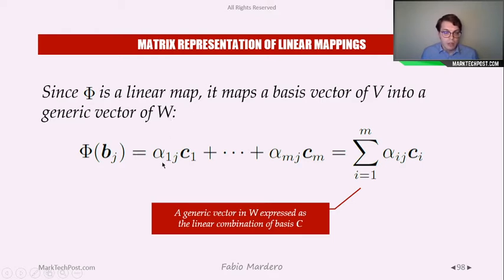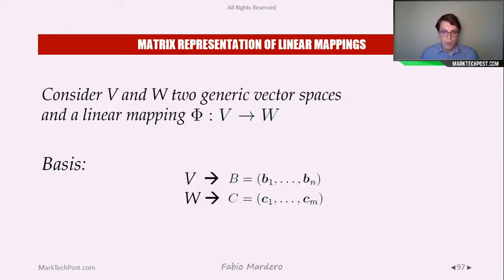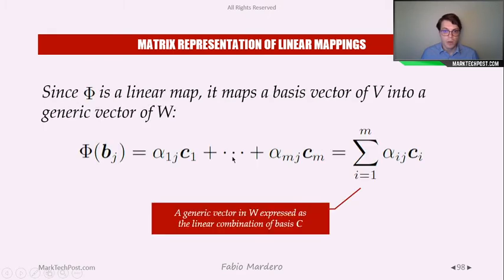A generic vector can be written as a linear combination of the basis, as we've seen here. The basis of W is c_1, ..., c_m. So we say that a generic vector of W is the linear combination of the basis. These alpha_1j, ..., alpha_mj will be our coefficients.